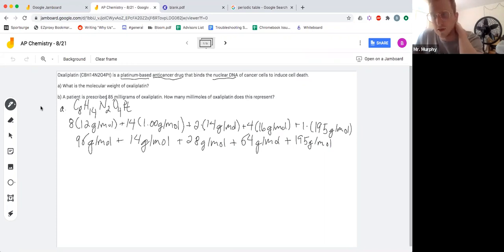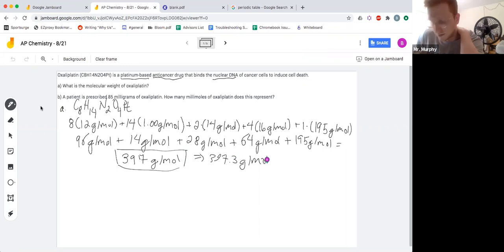I'll give you a second, pause this video, add all of these up. This equals 397 grams per mole. That is our molecular weight. In truth, the molecular weight is 397.3 grams per mole. So even just rounding, we did pretty well there.